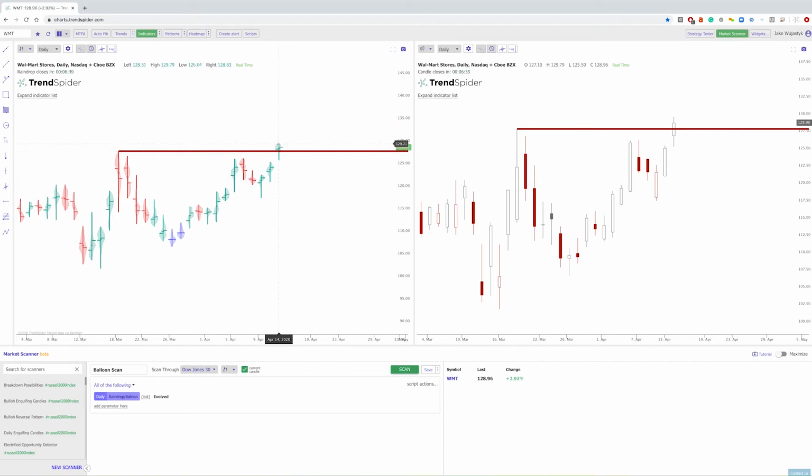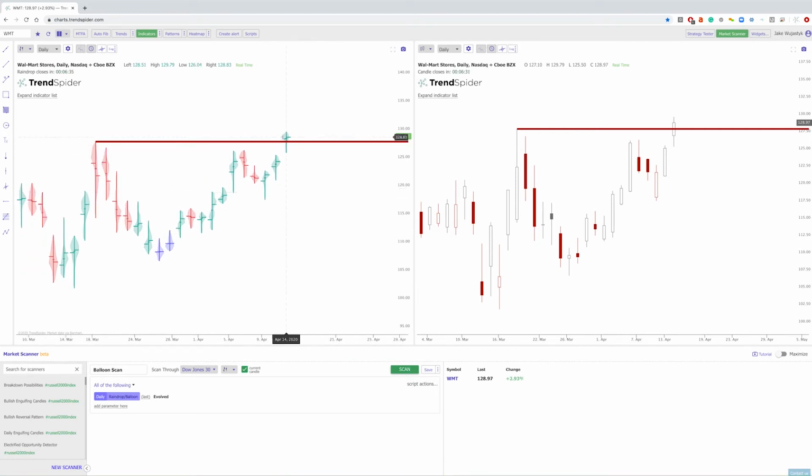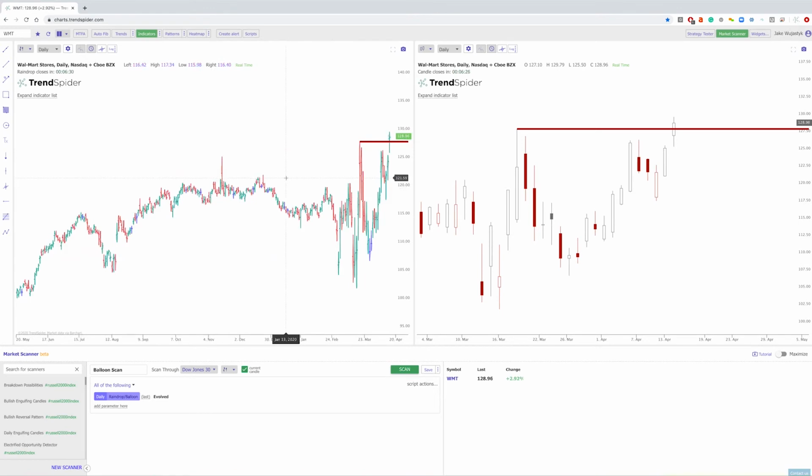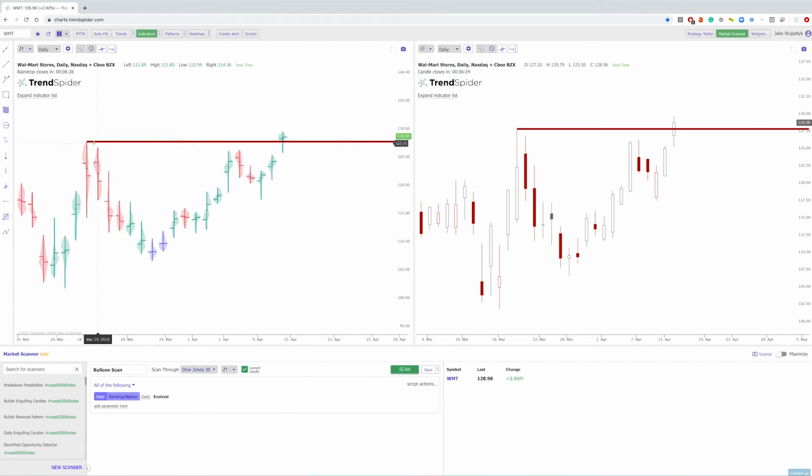Not always, but this is an important area to break out of, because we're breaking through all-time highs on Walmart, and we're showing there's no stop in buyers coming in. If we had seen the opposite candle, where most of the volume was below the trend line and none of it was above this area, even with the same candle, I wouldn't have been as convinced that buyers were in control here.